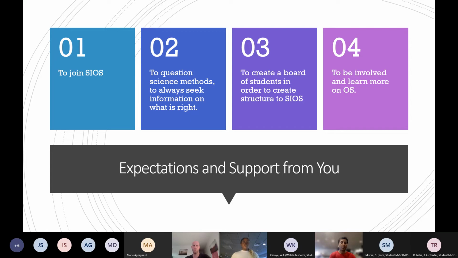We hope you join us and we create a board of students and organize more events, like workshops educating on this, or sometimes a quiz night where we do open science and even reproduce a paper, so that we can see whether the information is reproducible, whether it is reliable, or whether it is just biased information.